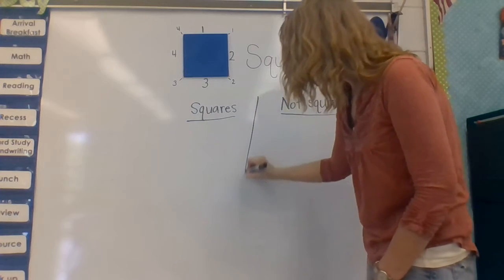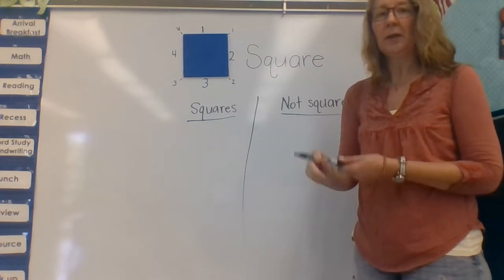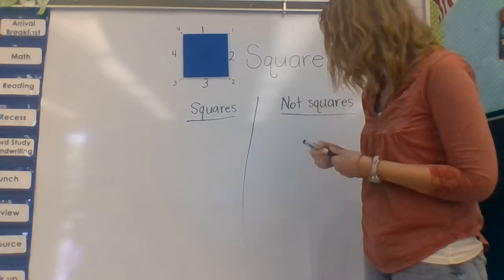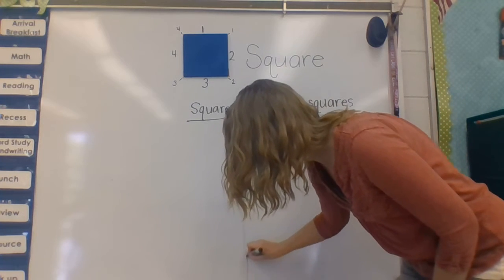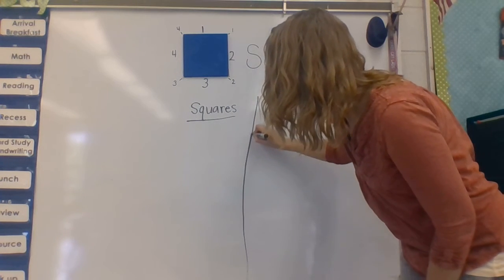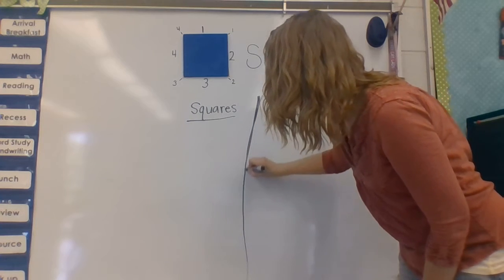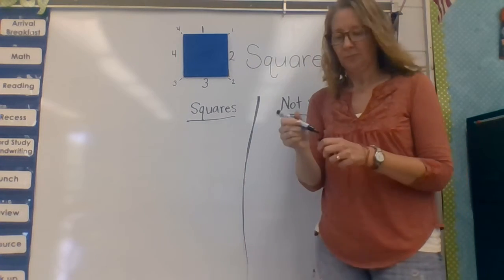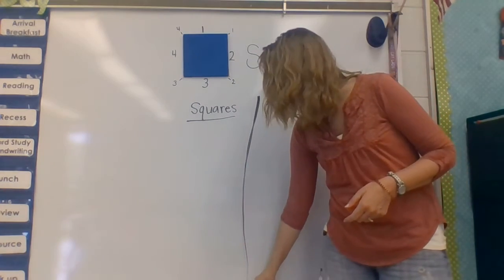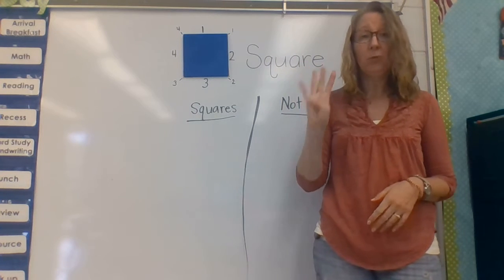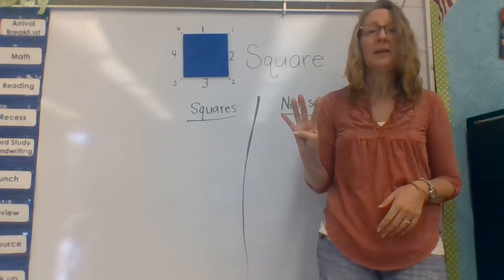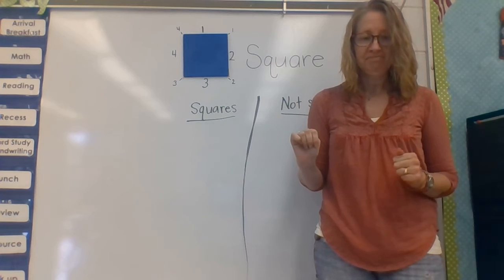I'm going to put a big line down the middle so we can tell where the difference is. Let me fix my line there. It didn't come out very dark. All right. So remember, we can tell if something is a square if it has four sides that are all the same length and four corners.